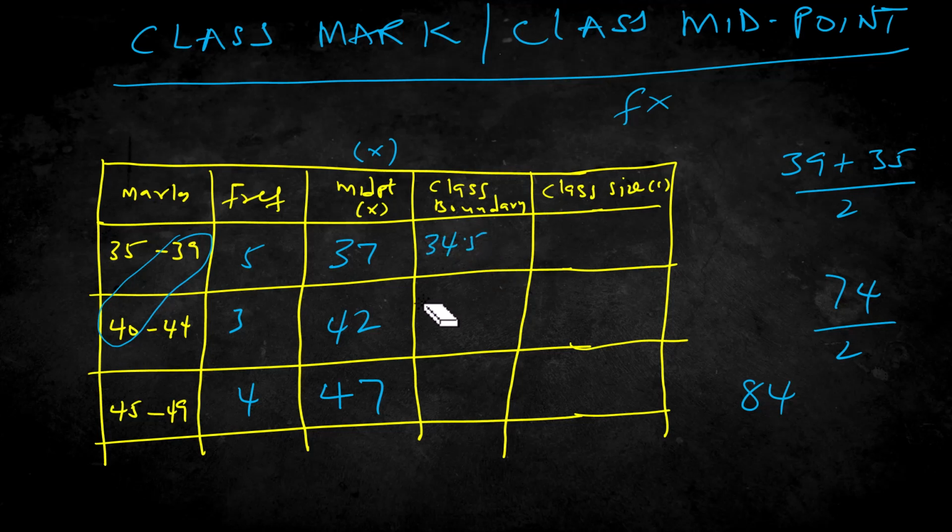So we have 39.5 and 44.5 from the lower. For the upper, we just add the result. So we have 39.5, 44.5, and 49.5.